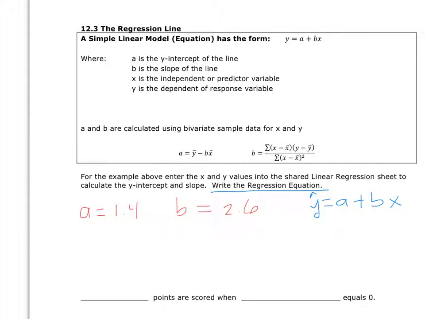So we're just going to rewrite y equals a plus bx, replacing the a with the 1.4, which again I used my spreadsheet tool to calculate, so that's not something you would have needed to calculate. Okay, so that is the regression equation for the basketball example, where x is the number of hours practiced, and y is the points scored in the game.